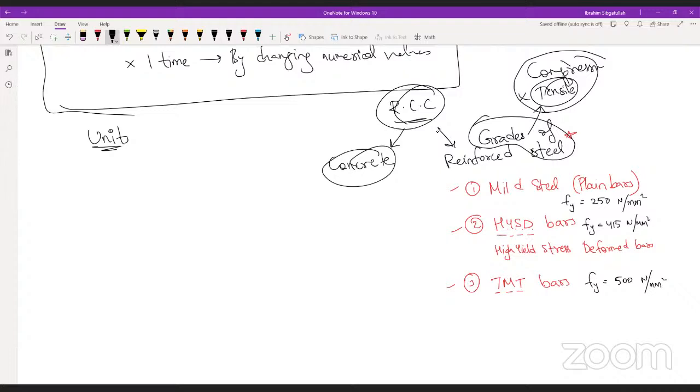These are the three different types of reinforcement bars which you will be coming across in the question. Then next, coming to concrete, here also we have something similar.